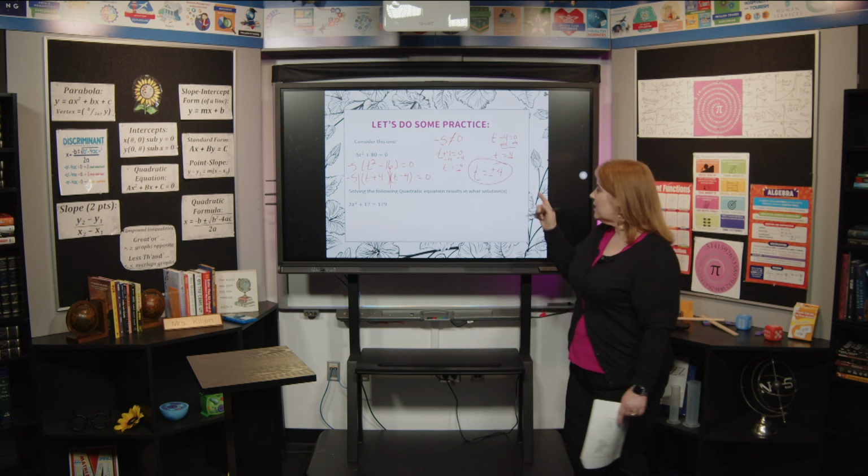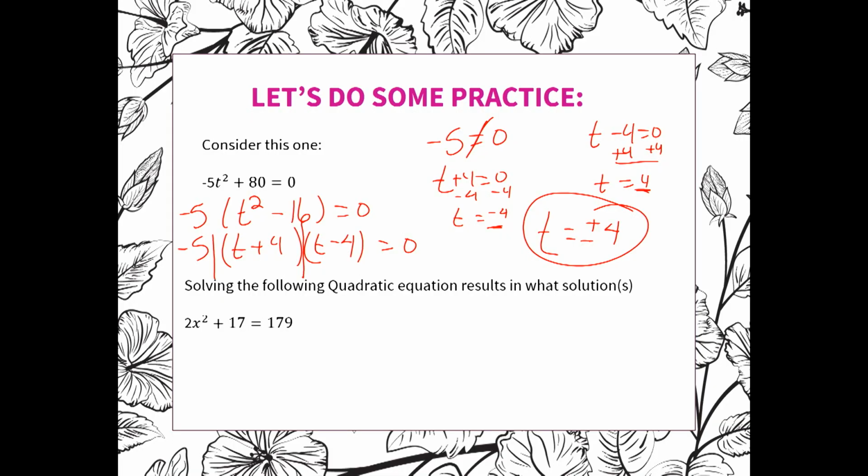All right? Let's look at the next one. It says, solving the following quadratic equation results in what solution or solutions? So let's see. I've got 2x squared plus 17 equals 179. Well, it's the first thing we learned when we're solving these equations. Got to get everything together so I can see what I've got.